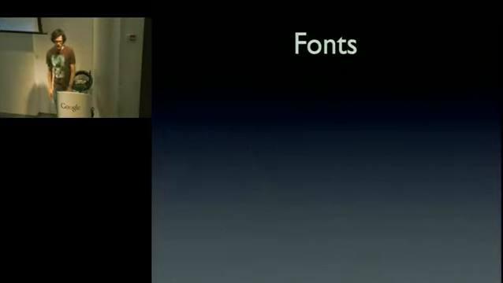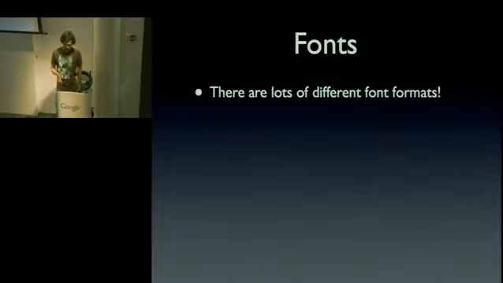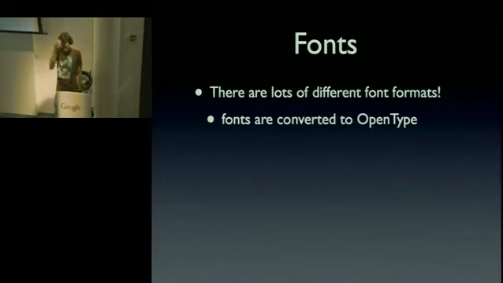Next thing is fonts. There are two ways you could handle fonts. One is rendering each character with drawing commands. So if you have an A, you draw one line here and one line here. The other option is transforming fonts. There are a lot of different fonts, and some formats we don't support at all.